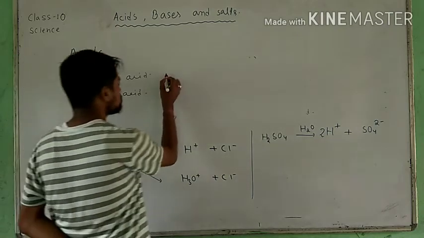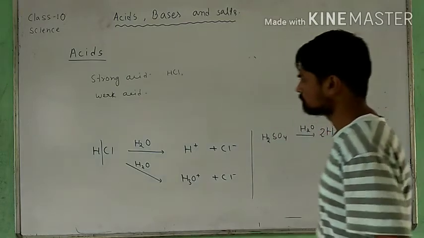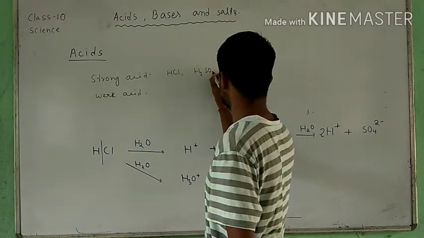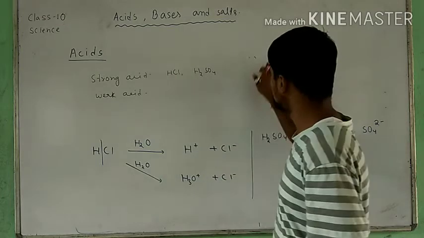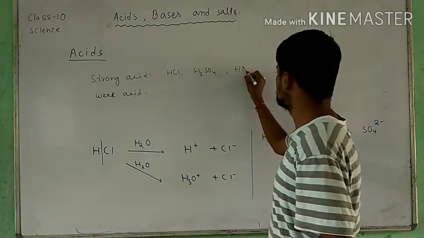The examples of strong acid are HCl, that is hydrochloric acid, sulfuric acid H2SO4, and nitric acid HNO3.